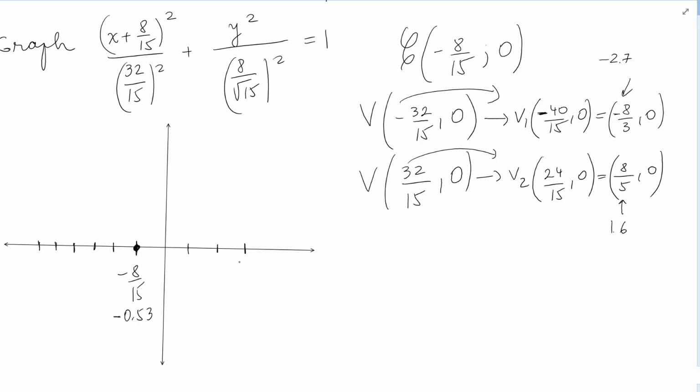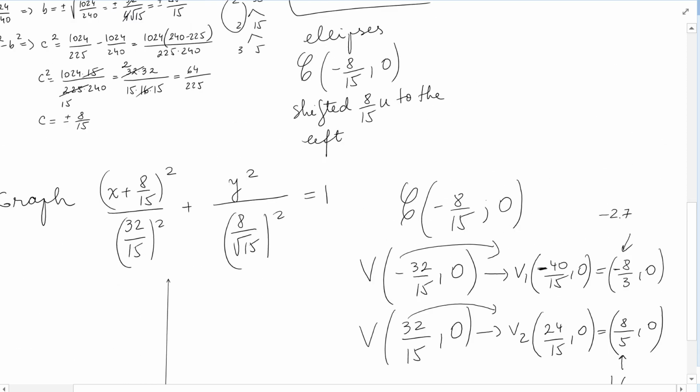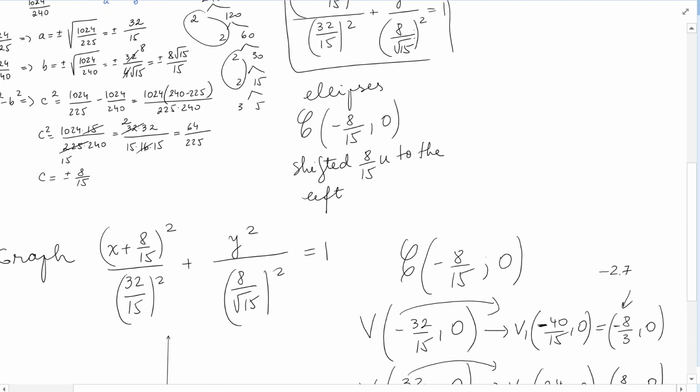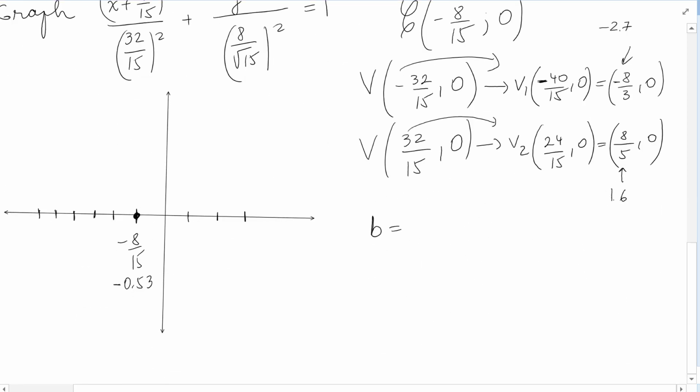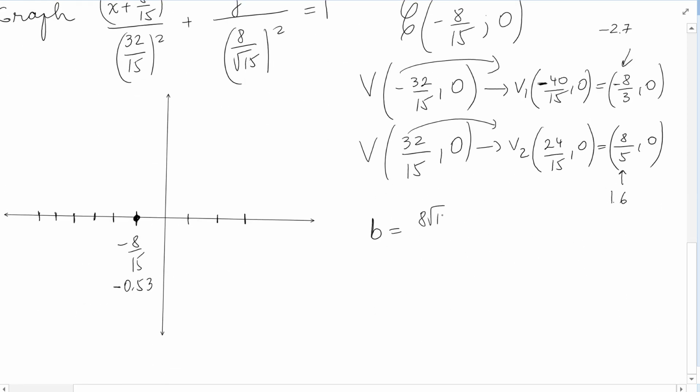And then we know that b was, what was b? b was 8 over square root of 15, or 8 square root of 15 over 15, which is approximately 2. So then we go up 2, so we go here, and then negative 2.